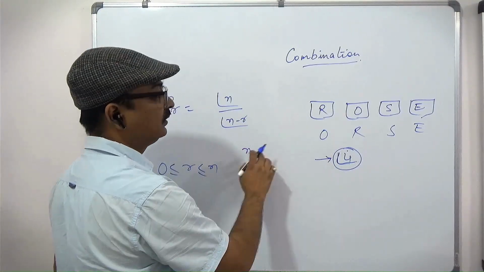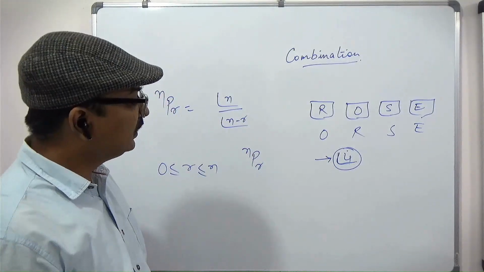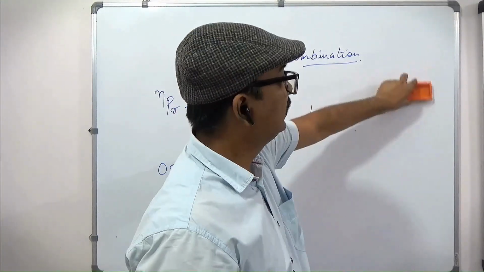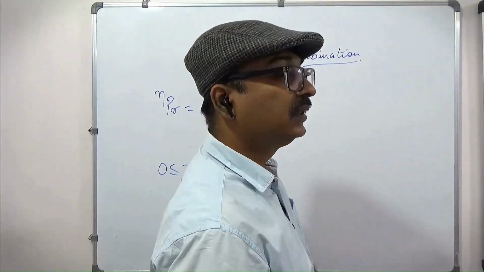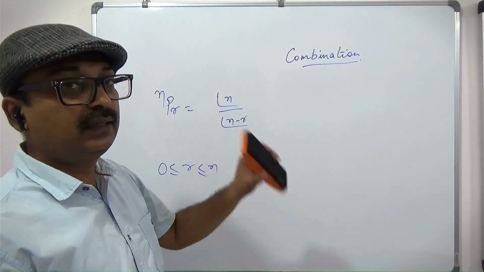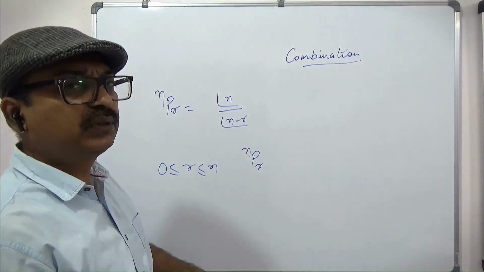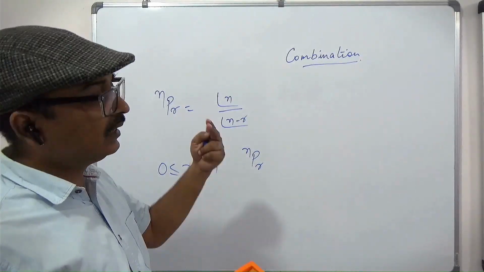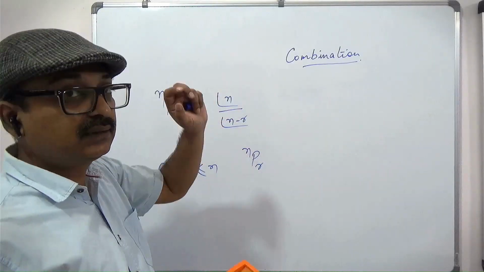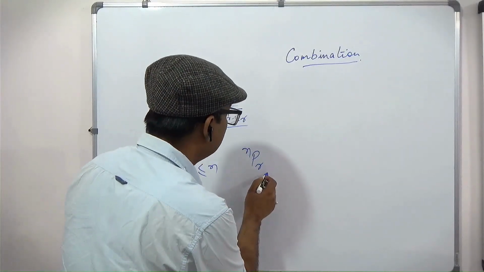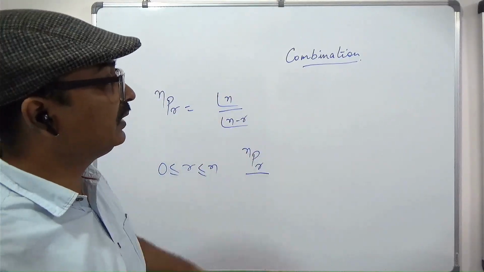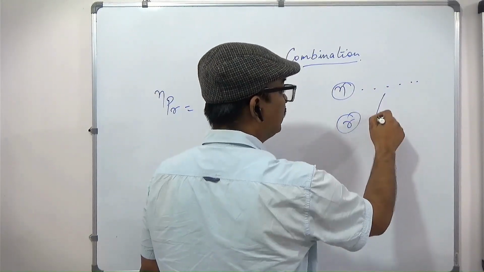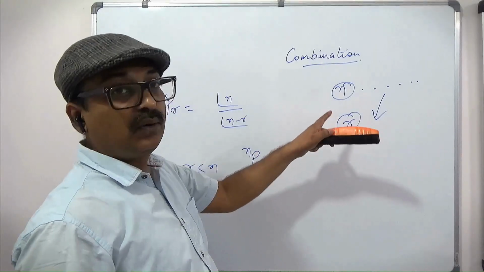But if we have, let's say, r number of vacant places, and it doesn't matter to us whether we are taking it in a definite order or not, or to say order is not important, just taking out the r number of objects from n number of objects is important. Then what will be the number of ways in which this can be taken out? Like we have n number of black balls, and we have to take r number of balls out of it simply. Order is not important.